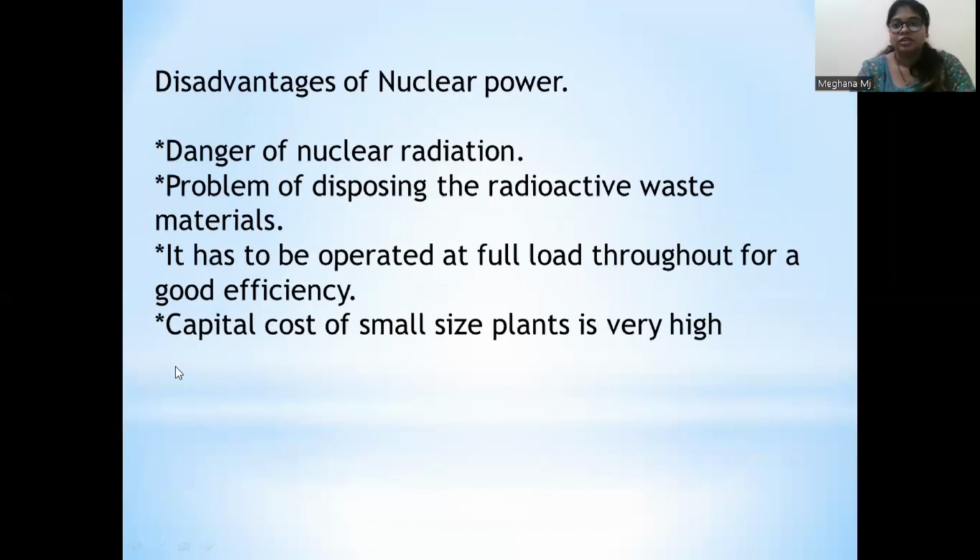The disadvantages of nuclear power plant are the danger of nuclear radiations and problems of disposing of the radioactive waste materials. It has to be operated at full load throughout for good efficiency. The capital cost of small size plants is very high.